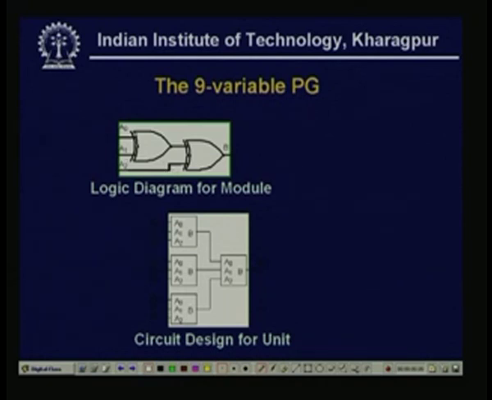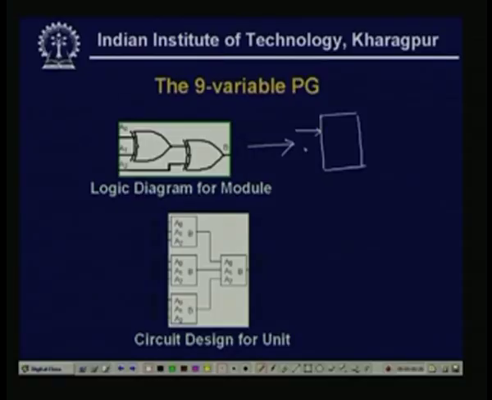A0, A1, A2 are the 3 inputs and B is the output. Now we just redraw that as if this is one fundamental circuit I am defining, or one module. This module has 3 inputs A0, A1, A2 and one output, say B.